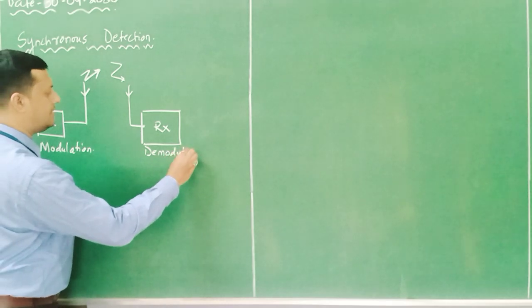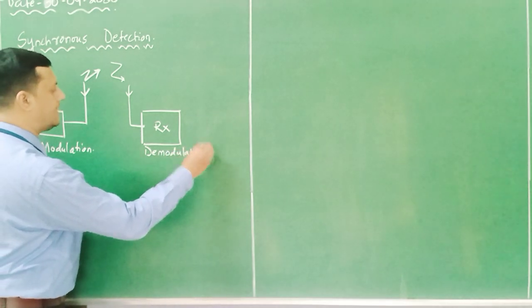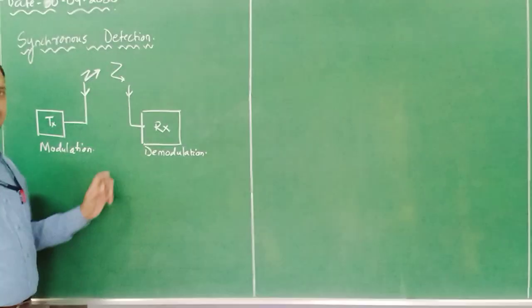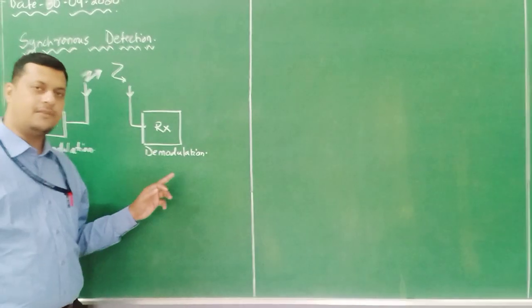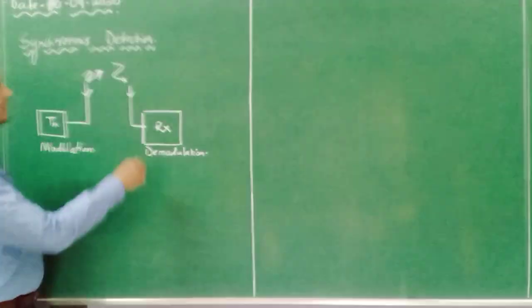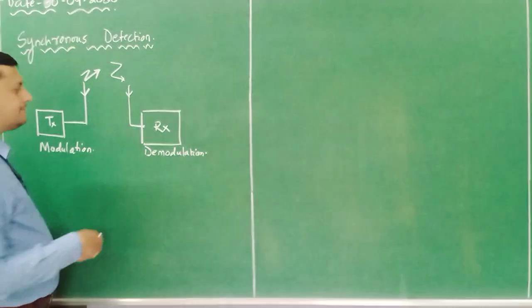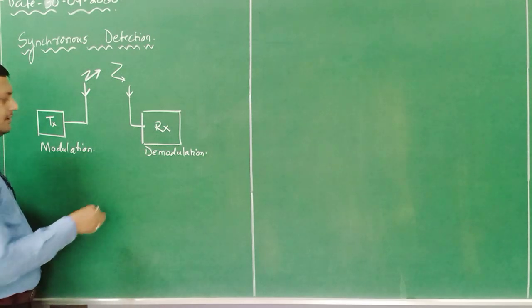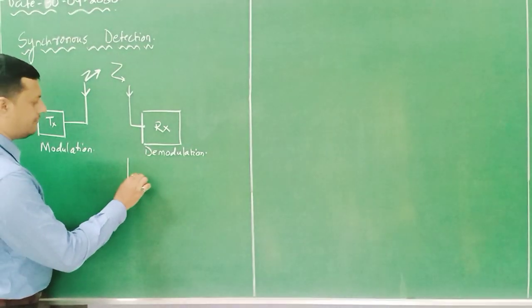Modulation means changing the characteristics of the carrier component, and demodulation means extraction of the original message component from the received modulated signal.